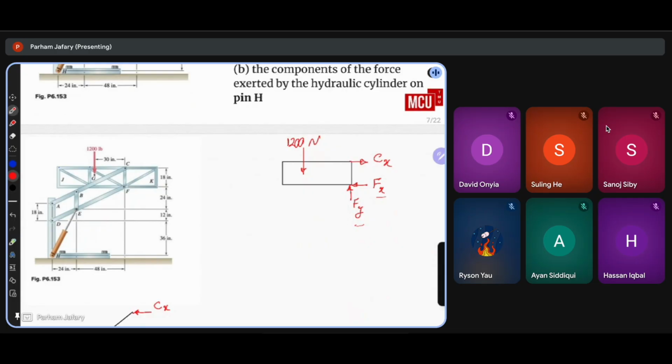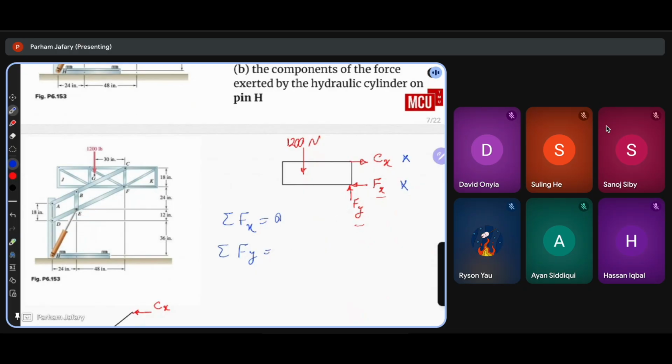So, in other words, guys, if I want to start from sigma Fx, I have two unknowns, Cx and Cy. So I have one equation and two unknowns, and that's useless for me. If I want to start at sigma Fy, I can do that.